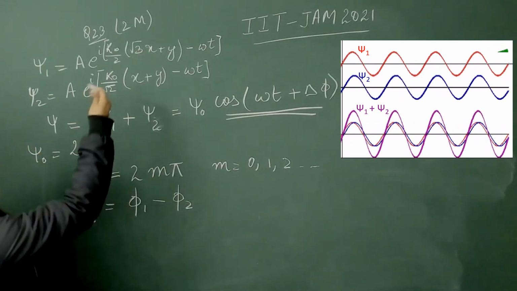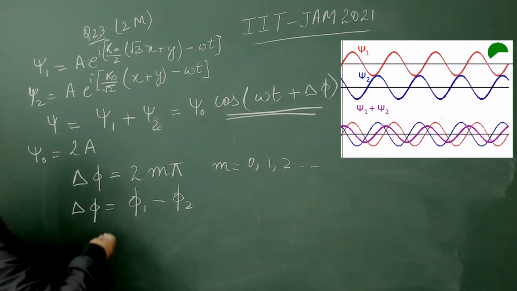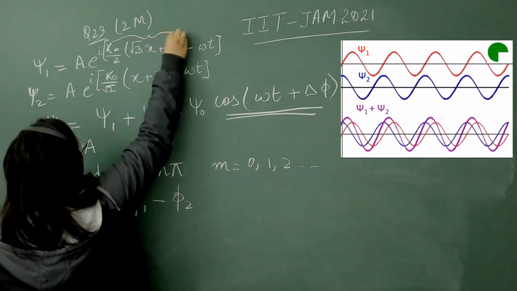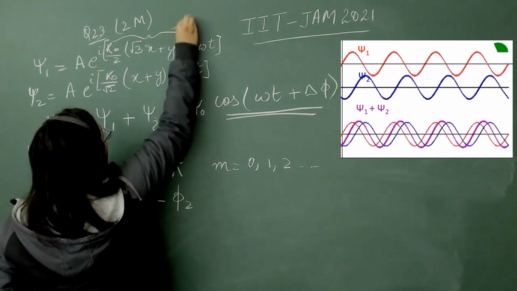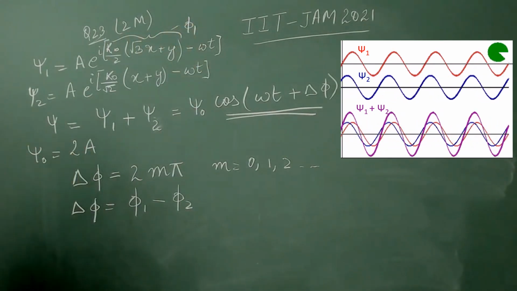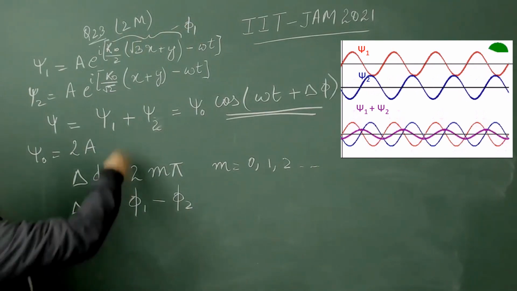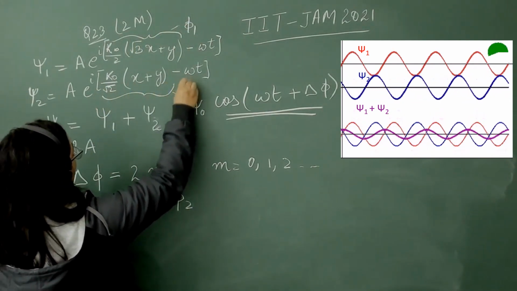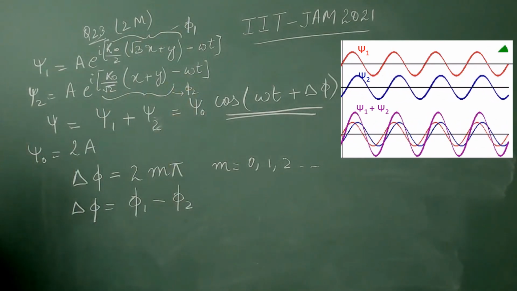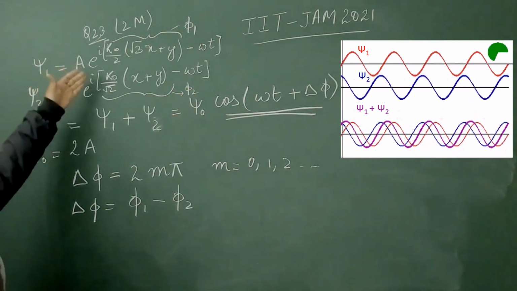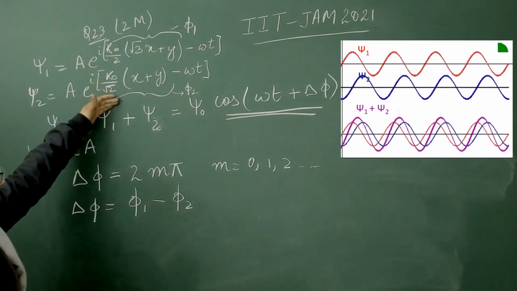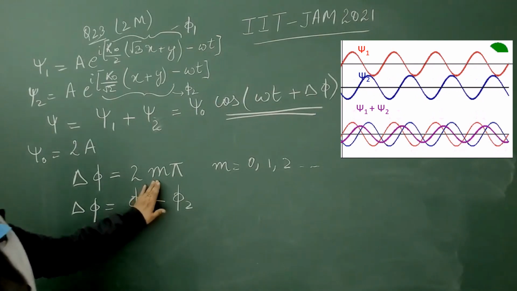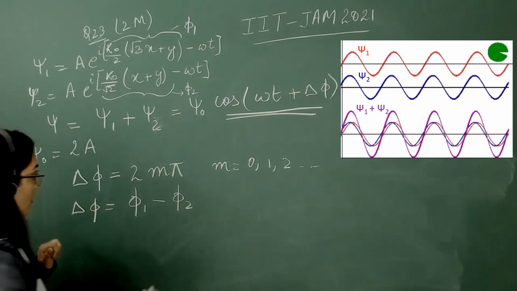This is our phi 1, k naught by 2 into root 3 x plus y, and in this equation this is our phi 2. We just have to subtract these two phases and equate it to 2m pi.